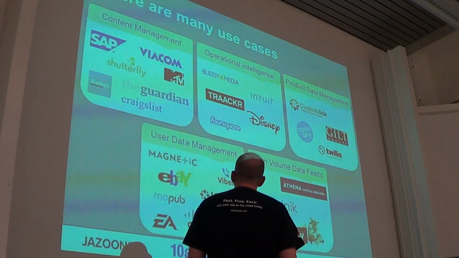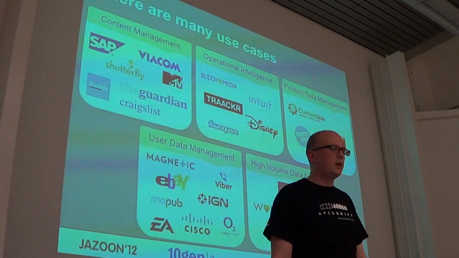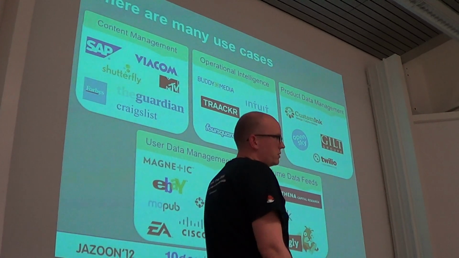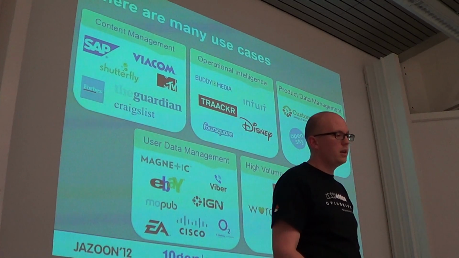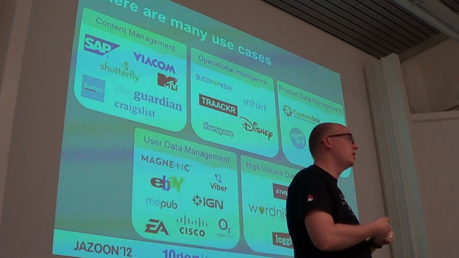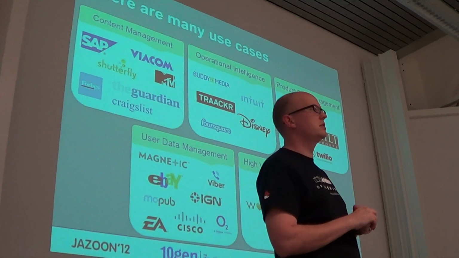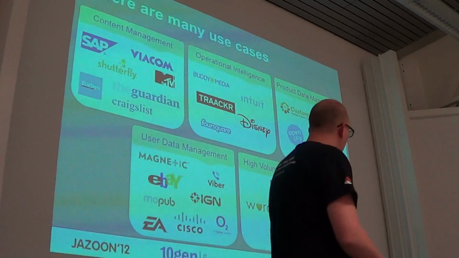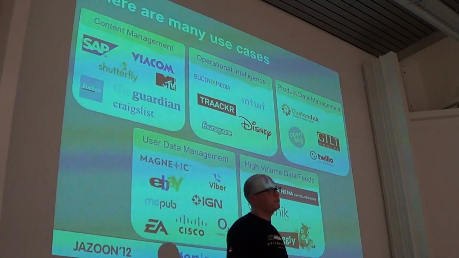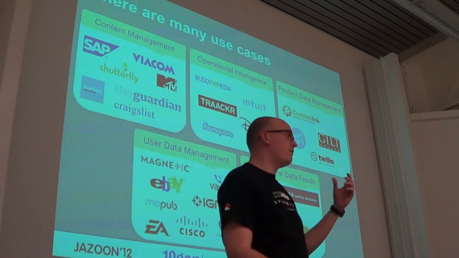Vibe Media is a telephone company, sort of an over-the-IP telephone company, and they have a massive cluster because they have to keep everything in memory and have very small, millisecond response times. On the other side is Wordnik, which has a massive data store, but they don't need everything in memory.